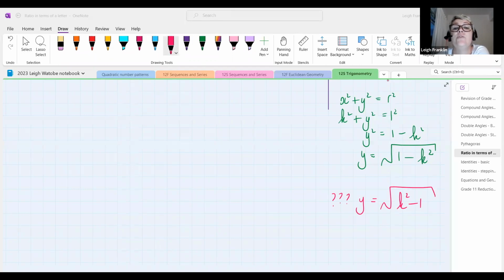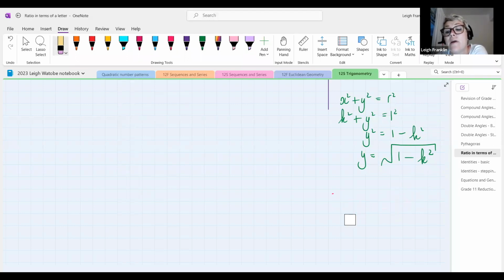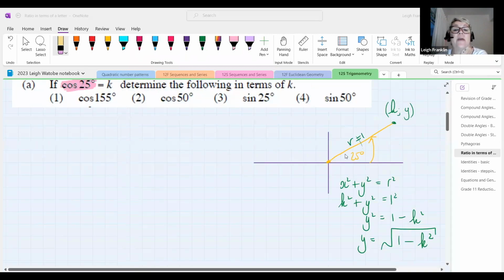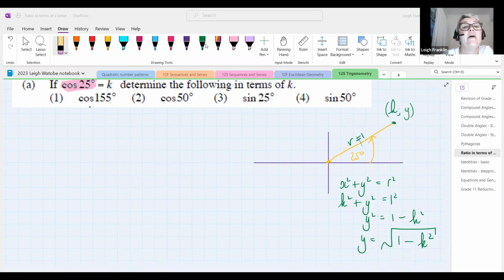I'm so glad to hear you all saying no. So that's not allowed either. That would be wrong too. So no swapping the order unless I'm going to write minus k squared plus 1. And I can't drop the square off the k either. Good job. All right, so let's jump into the questions now that we have done the diagram.